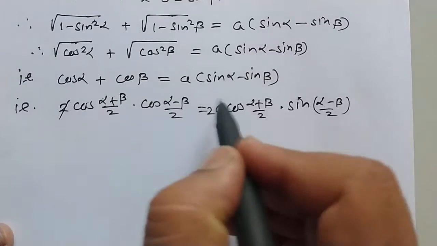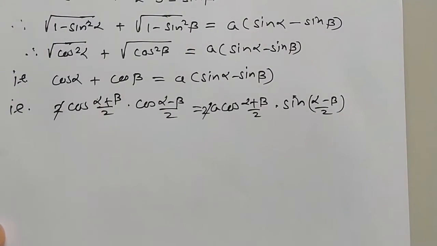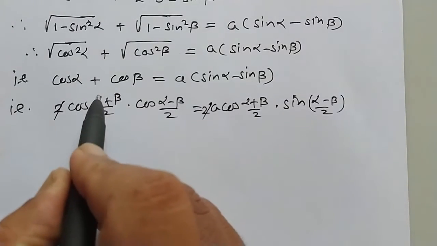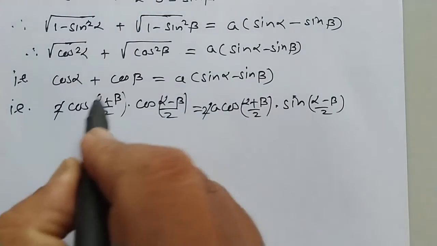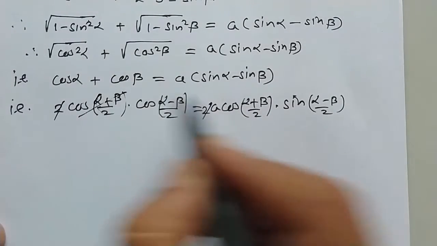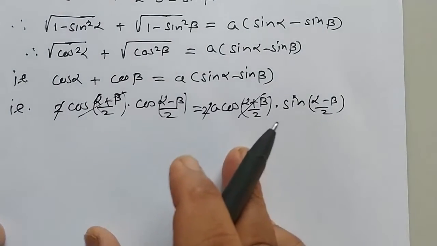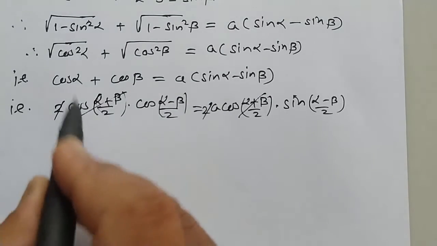So the 2 gets cancelled. Here cos((α + β)/2) appears on both the LHS and RHS, so they get cancelled.